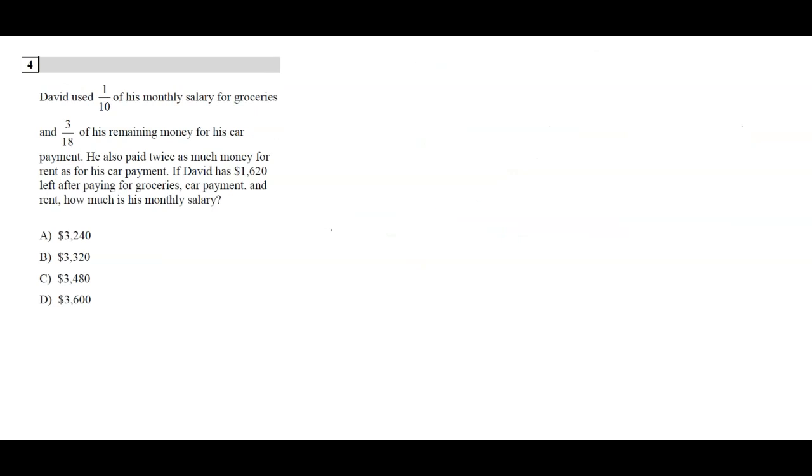Number 4: David used 1/10 of his monthly salary for groceries, and 3/8 of the remaining money for his car payment. So let's do this. 1/10 of his monthly salary is groceries.